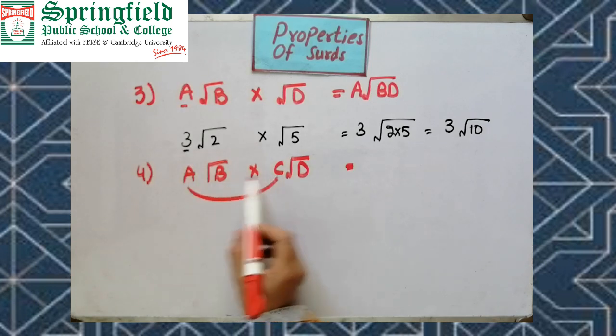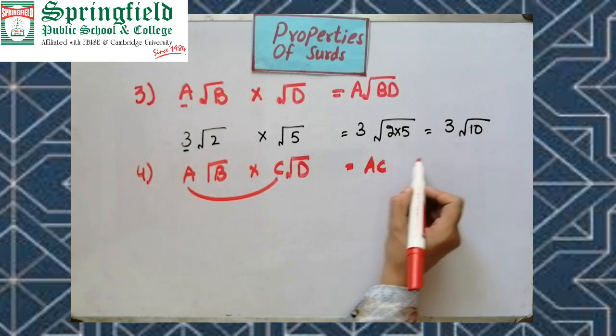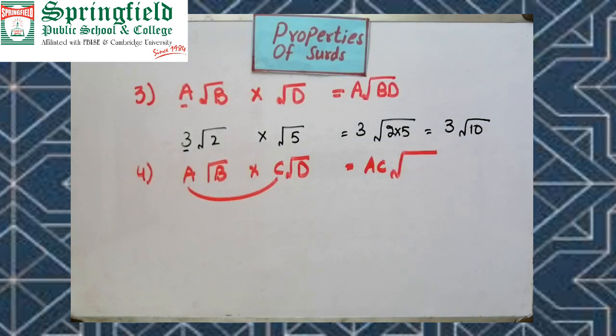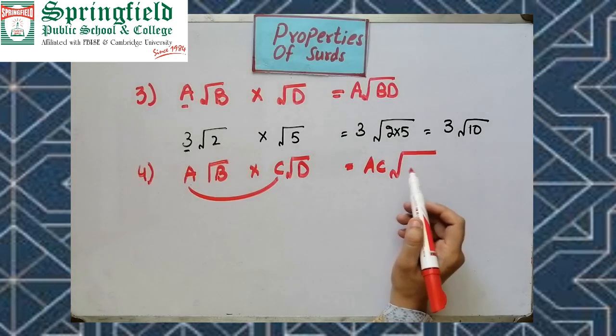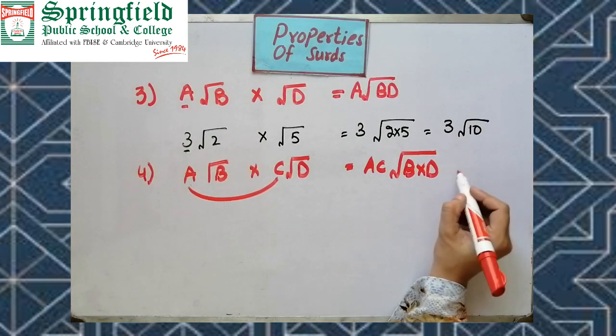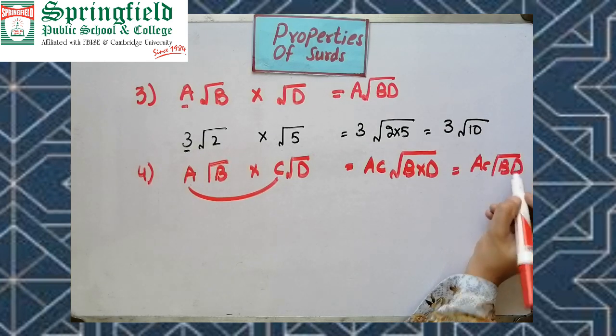So the coefficients A and C will multiply, so it will become AC, then the under root values will multiply and be written in just 1 under root. So B multiplied by D will become AC under root BD.